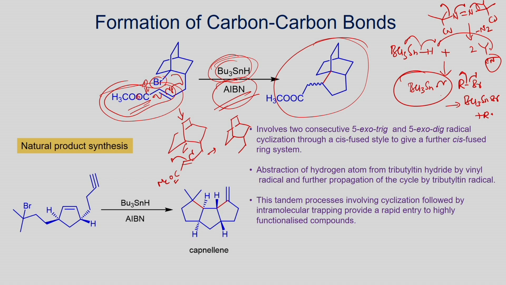If the radical undergoes addition here, I think here one carbon is less, and it can undergo addition reaction here, then you will be able to form a 5-membered ring. You form this radical. Once we have this one, this can further react with tributyl tin hydride. In this way you will be able to get this product.